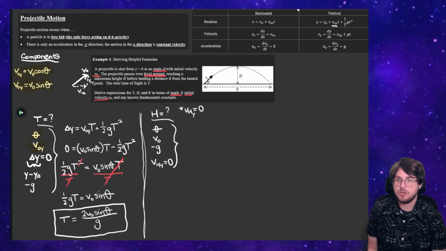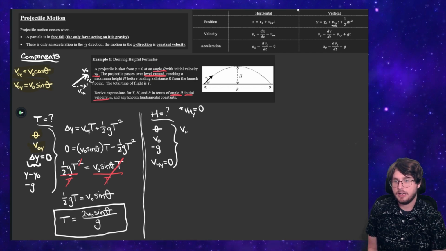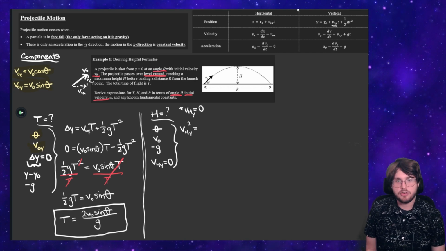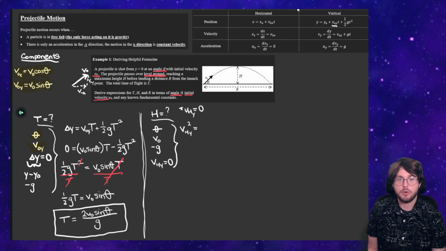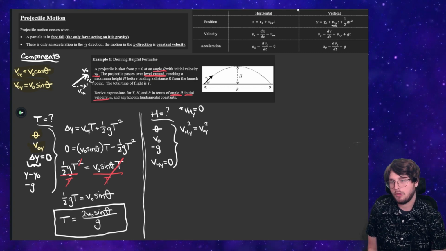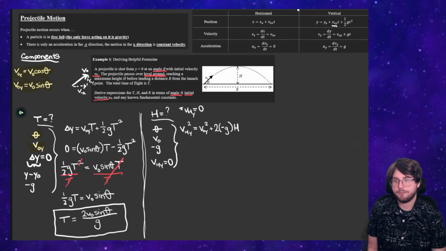So we're going to use v_hy squared equals, and we're going to again need to use only vertical velocities here. So again, we're going to use v naught y squared plus 2 times negative g times big H.